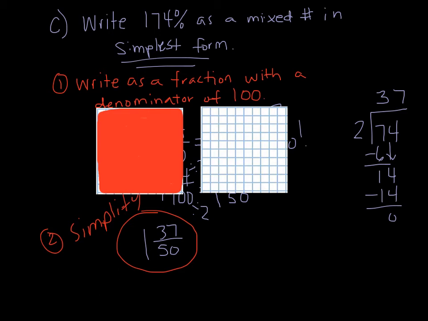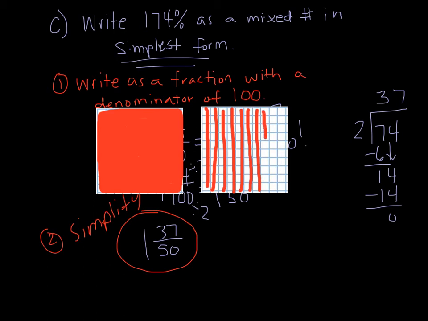So I would have to count up 74 of these. So there's 10, 20, 30, 40, 50, 60, 70, 1, 2, 3, 4. And then obviously we would fill that in a little bit better once we figured out how many we had.